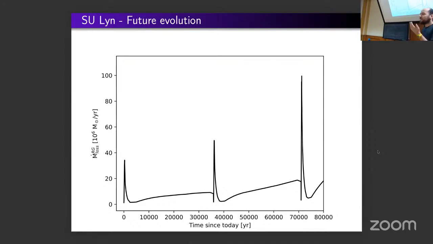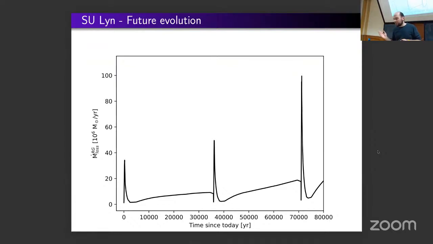So basically, within our career length, we can observe how it will become a normal symbiotic star, because the quiescent mass transfer rate is 1 order of magnitude less than in the normal symbiotic star. So we only need to increase the mass loss by a factor of 10 for it to show emission lines and become a normal symbiotic star.